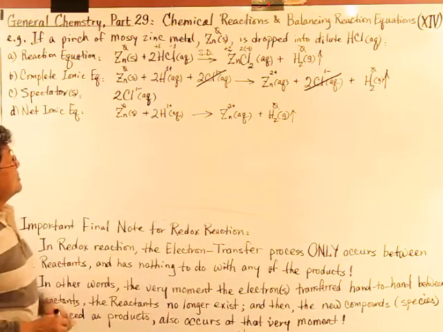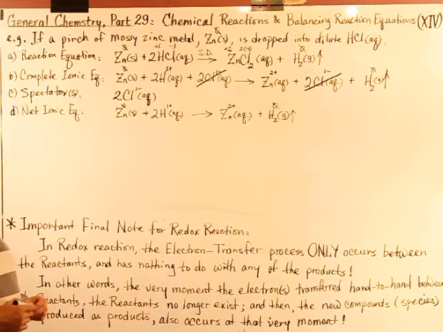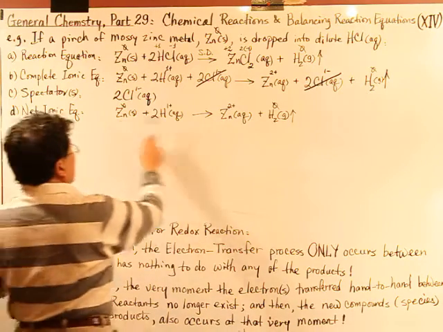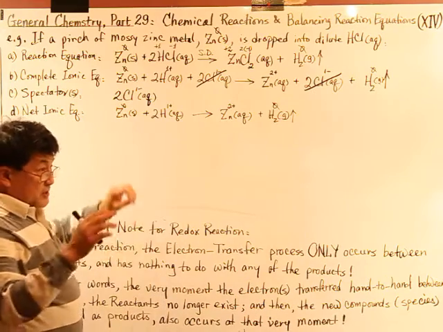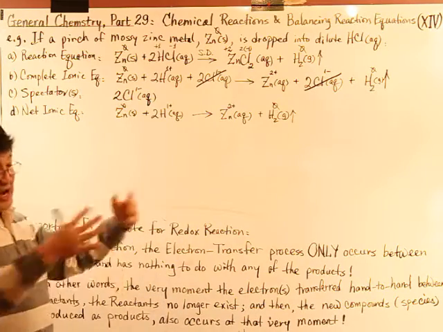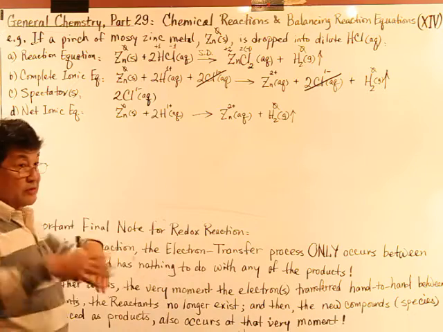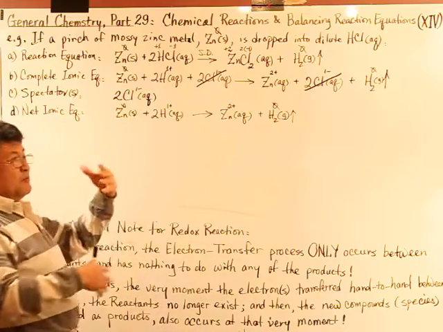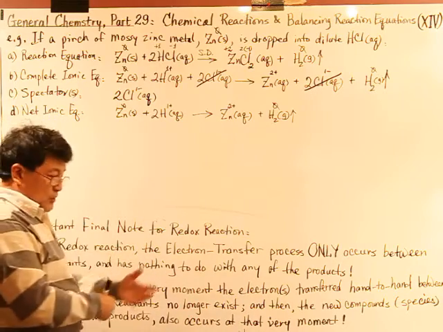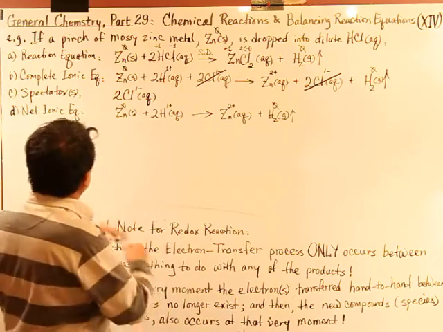Now that is the net ionic equation. These two are the same from zinc, but they are no longer the same species. We call species everything including substances, compounds, ions, atoms, molecules, because they have too many different features to describe individually.